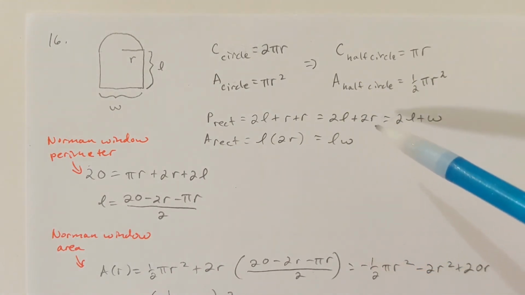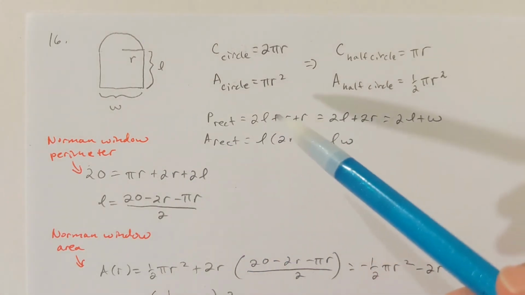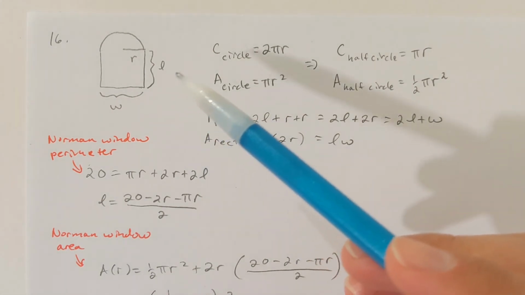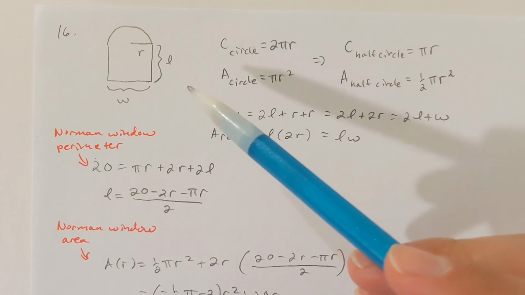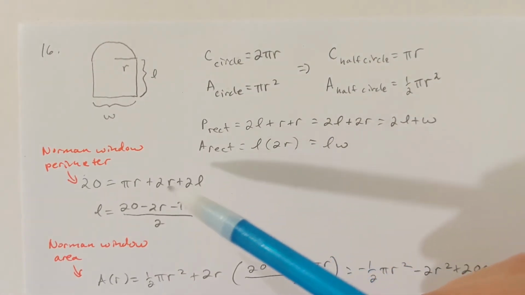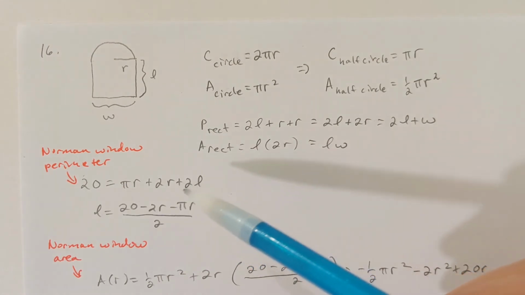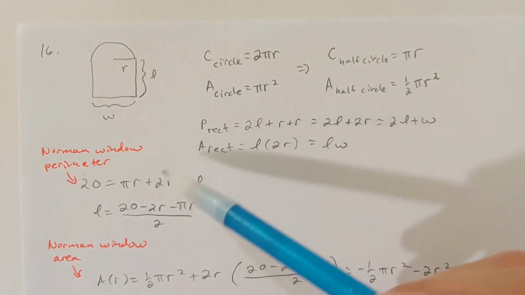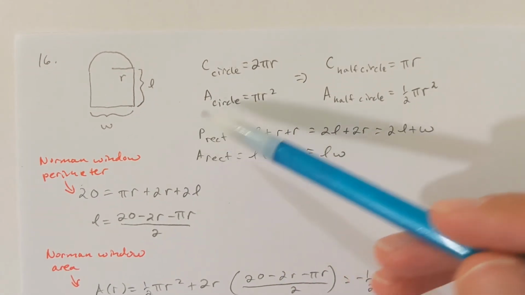2R plus 2L, and then plus half the circle is 20. The circumference of half the circle is pi times the radius.